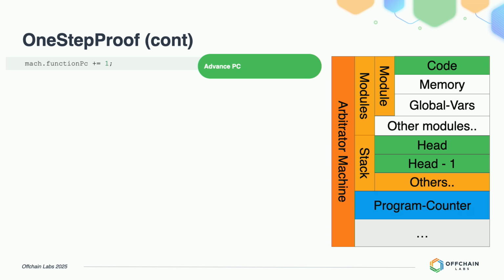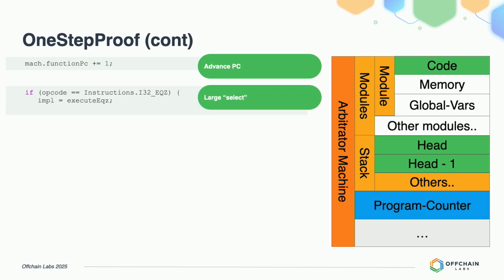The next step in the one-step proof looks very much like the execution of arbitrator. So it will do exactly what the local arbitrator machine does, which means at first it will advance the program counter. Then there is this large select.